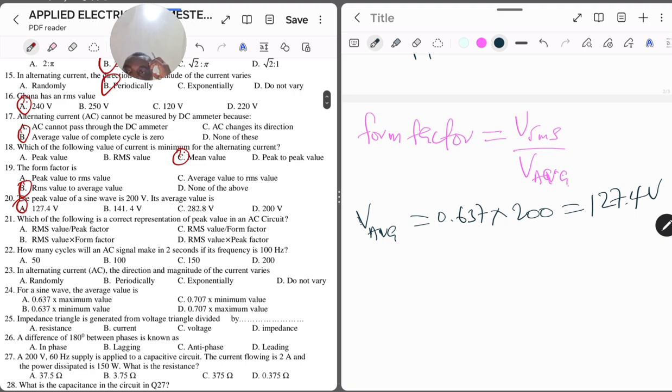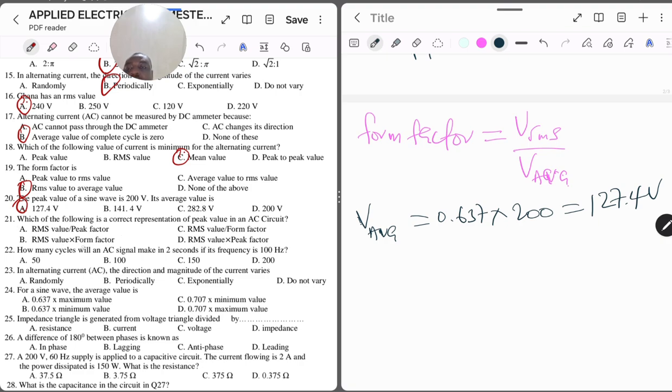Which of the following is a correct representation of peak value in an AC circuit? So let's say you want to find a peak value. Which of these here is the right formula? We have peak factor, and root mean square value over peak factor.